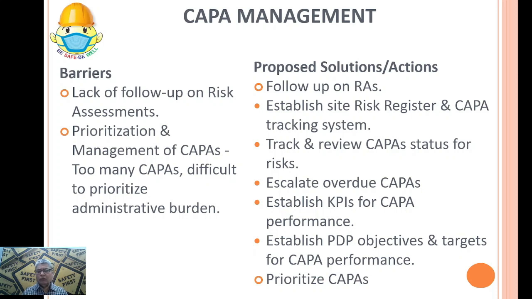Now escalate overdue CAPAs. Meaning of escalation means you must bring it to the notice of the higher management that these are the CAPA. For some or the other reason, the CAPA is not being completed in a given period of time, a given timeline, and these are the reasons why the CAPA is not completed.